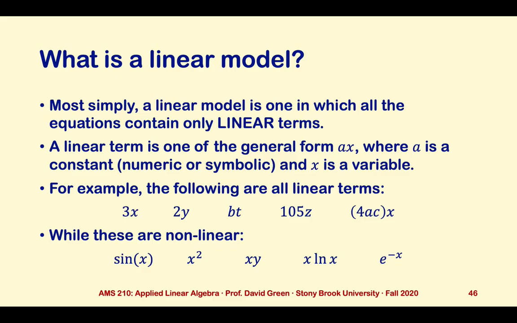Some examples of linear terms include 3x, 2y, bt, where b is a constant and t is a variable, 105 times z, 4ac times x, where 4 times ac is a constant, a and c are constants, and x is a variable.